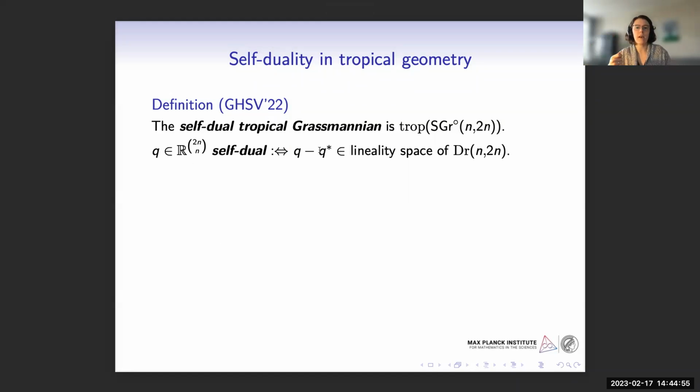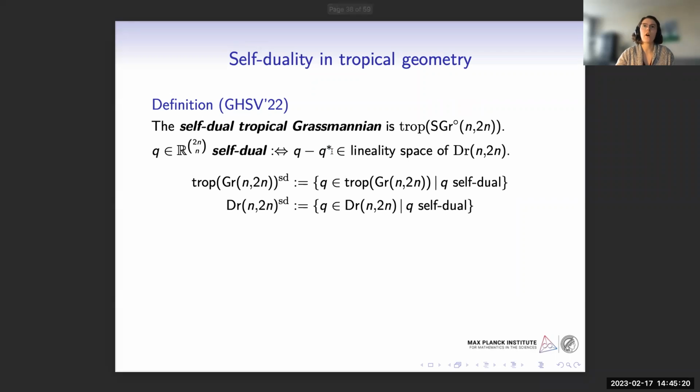And this lineality space now takes the role that previously was held by the torus. So before we had P and P star are the same up to torus action, and now Q and Q star, the tropical Hodge star of Q, are the same up to lineality space. Okay. And naturally, the next thing is to look at the self-dual points in the tropical Grassmannian and in the Dressian. We denote these sets with an upper SD for self-dual.